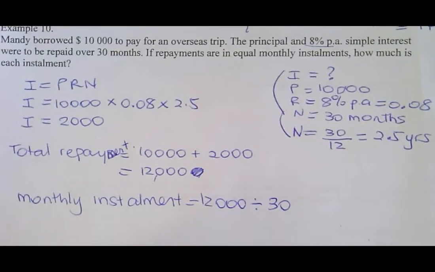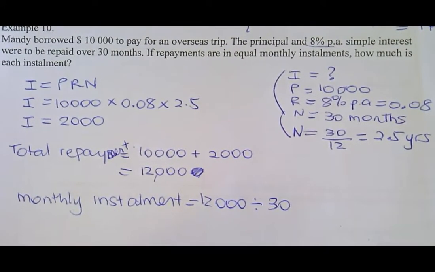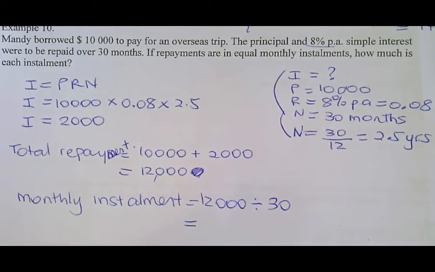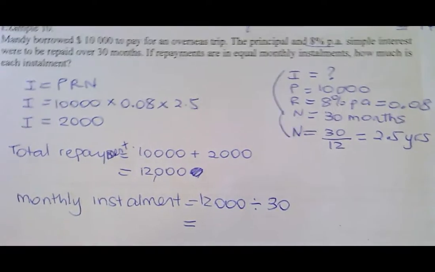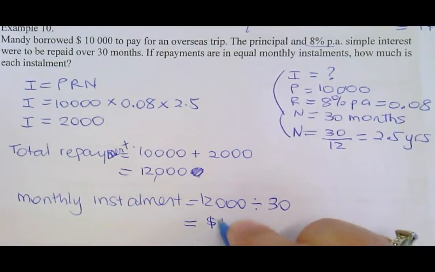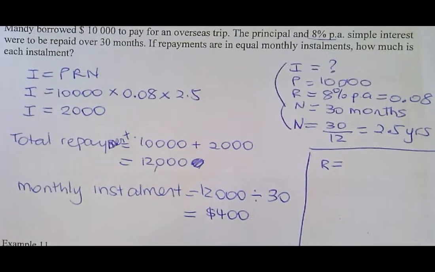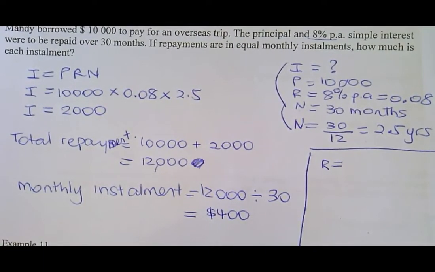So that $12,000 is going to be paid over 30 months. Do you understand why I'm doing 30 now and not 2.5? Because I want the monthly instalment. What do we get? $400 a month.